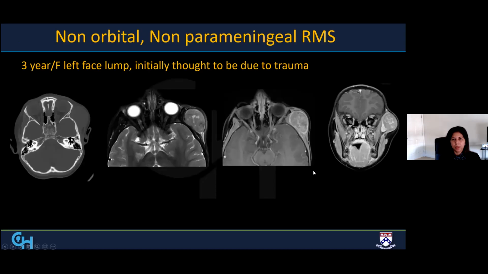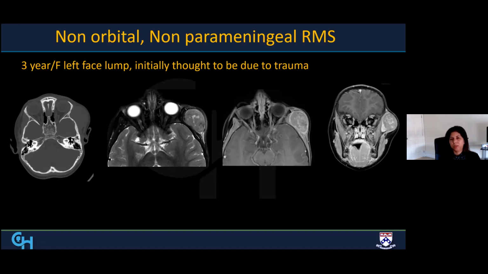And this is now the third group, which is the non-orbital, non-parameningeal rhabdomyosarcoma. These are usually painless masses. This was a very interesting case. I remember this was a 3-year-old who had a lump noticed after a trauma. So they got the CT scan, and we were surprised to see this very well circumscribed mass, which had no relation to the trauma.